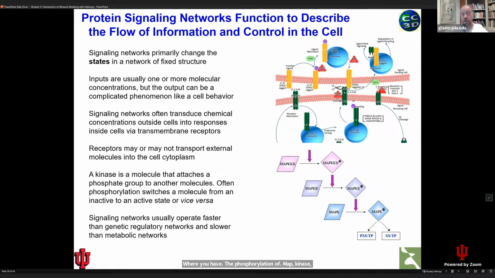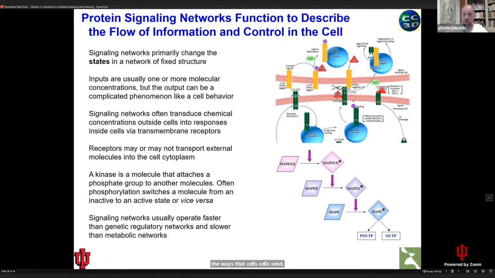Phosphorylated MAP kinase transfers its phosphate to MAP kinase. Phosphorylated MAP kinase transfers its phosphate to MAP kinase, and phosphorylated MAP kinase then does other things. And so you'll see these cascades of signaling, often through the transfer of phosphates, but often through other mechanisms as well. And this is one of the ways that cells send signals within themselves.